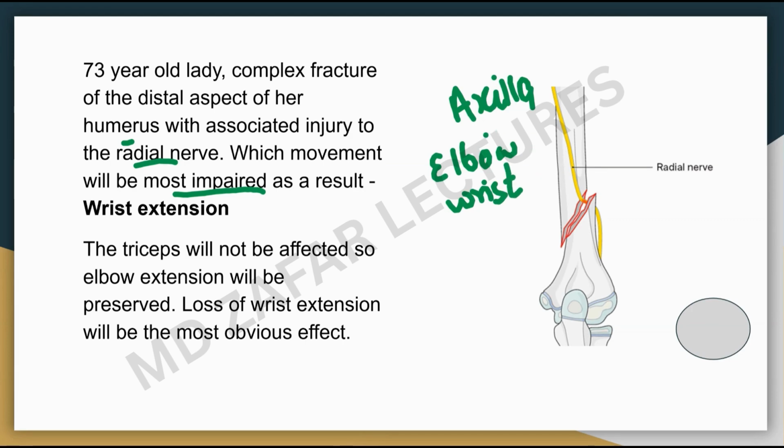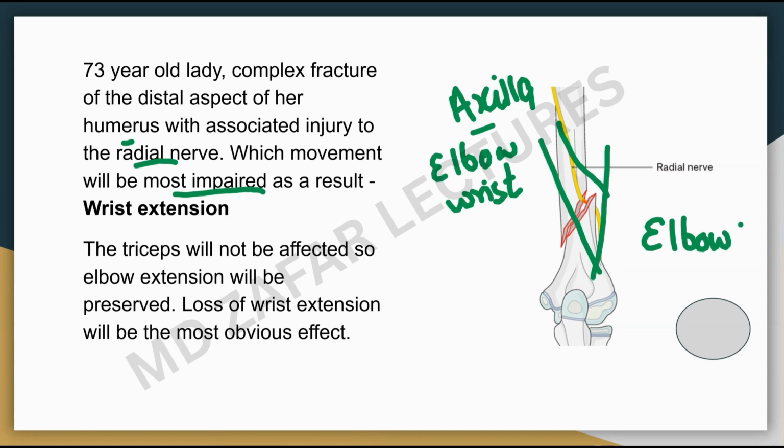But if there is radial nerve damage below the level of the axilla, at the spiral groove, then the radial nerve has already given supply to the triceps, which is inserted over here, and at the level described in this MCQ, elbow extension will be spared.